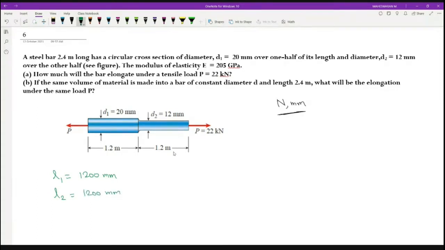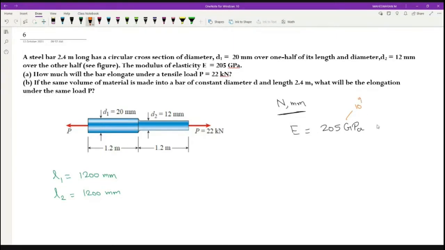This is okay. Now let us go for Young's modulus. My Young's modulus E is equal to 205 gigapascal. What is giga? Giga is 10 power 9. Yeah, very good.